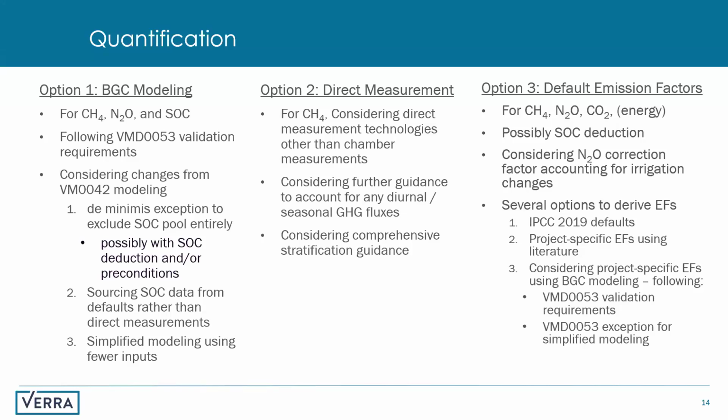We're going to be exploring technologies other than chamber measurements. At this point, there's still a lot of work to be done, and quite possibly we will not have sufficient data to approve a whole list of different technologies. But we will be exploring whether it's possible to create a clear validation pathway for future emerging technologies that are not quite ready for us to include on some sort of a positive list at this point.